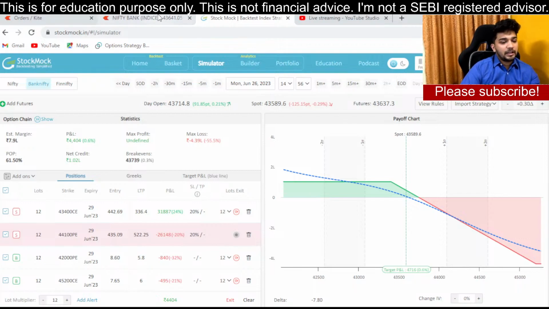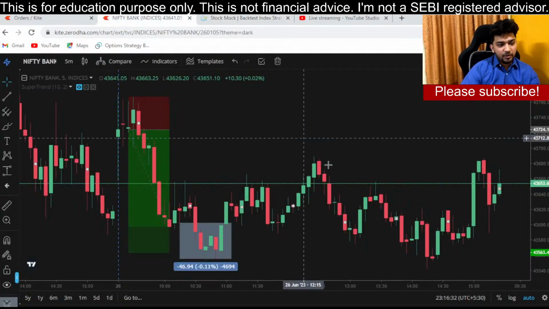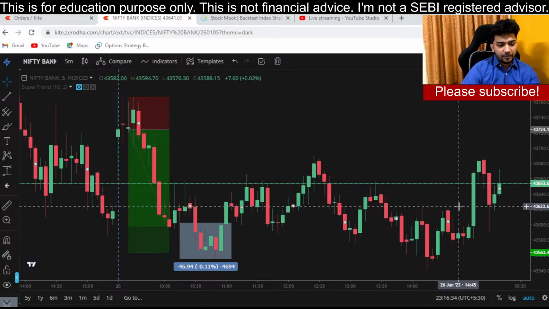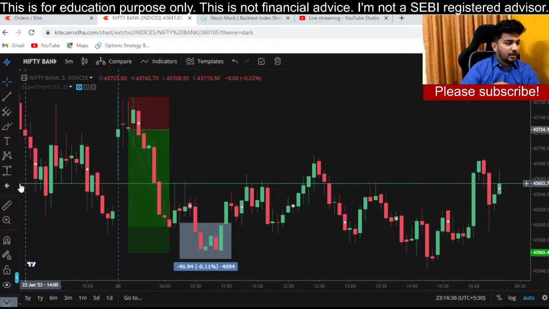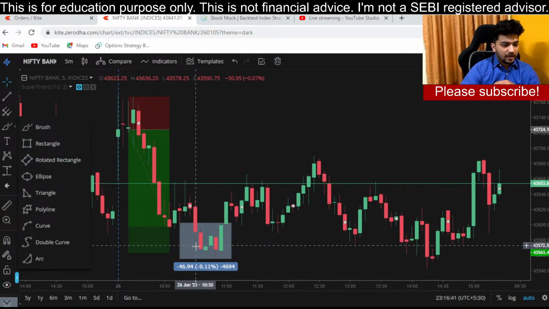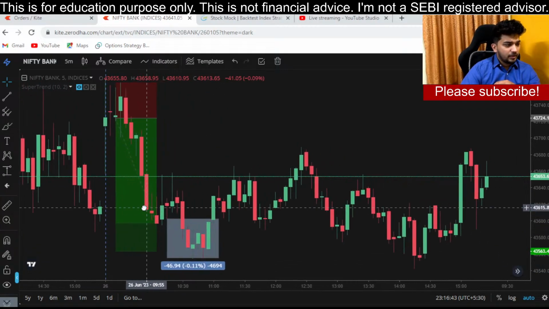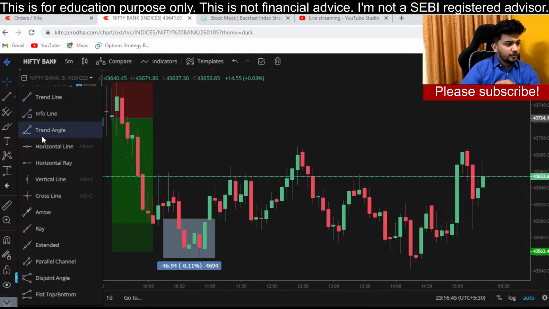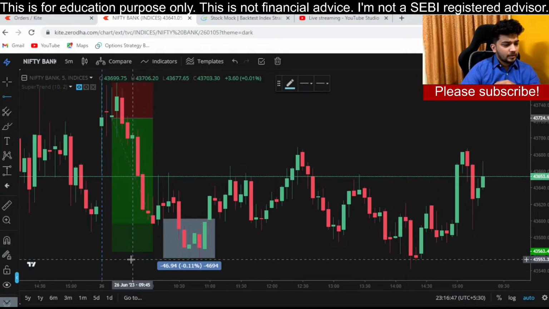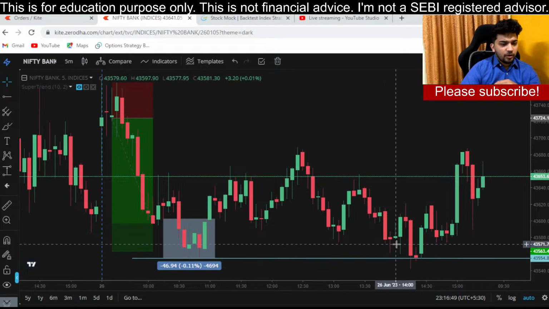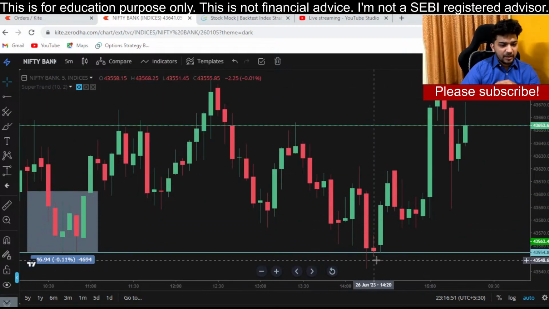Okay. But in hindsight, what has actually happened was right from here, if you see 255 at this level, right? The market had broken this low. If you see this low that the market had set up, this one. Let me just show you. This low, it had breached once, then it had breached again.